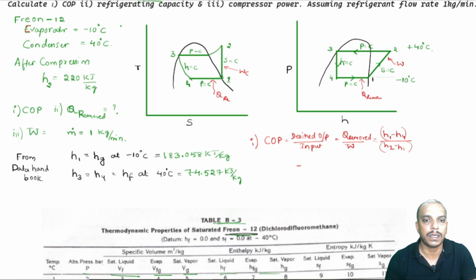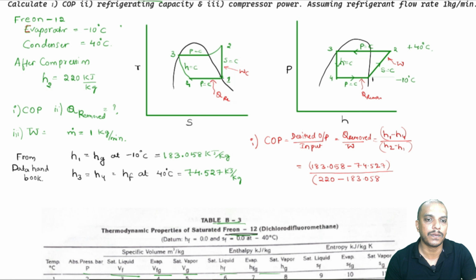Now substitute back here. H1 is 183.058 minus H4 is 74.527, divided by H2 is 220 minus H1 again 183.058.